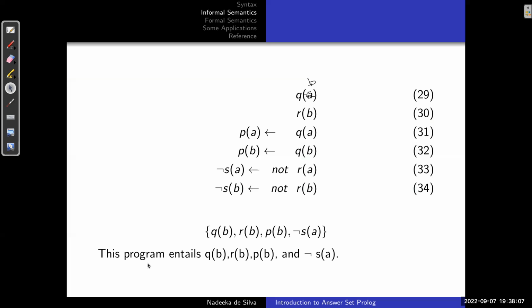Now, if I ask the query PA, I will answer unknown because PA is not in my answer set. Also, not PA is not in my answer set, so I will remain unknown about the status of PA. Then if I ask PB, I will say yes because PB belongs to this answer set.